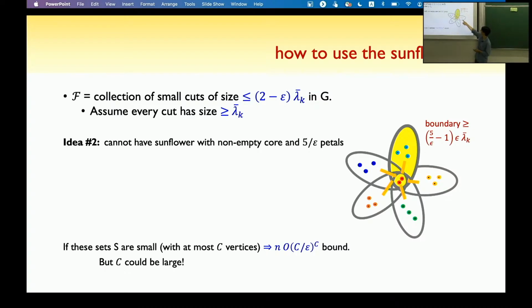So if you have many petals, say 5 over epsilon petals, then it again contradicts the fact that the first set is coming from a small cut, because the boundary of that set becomes too large.